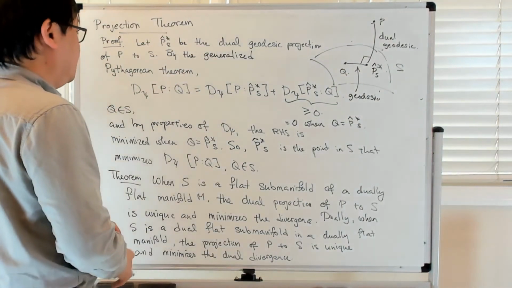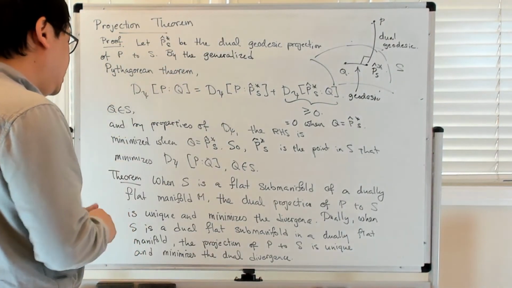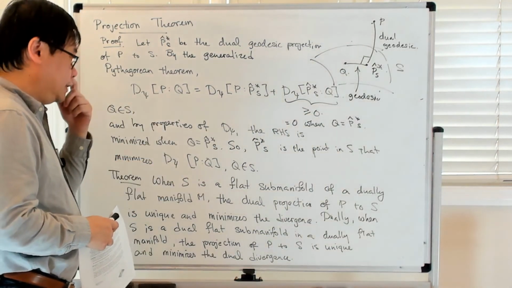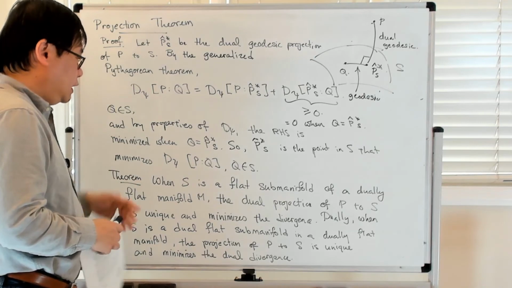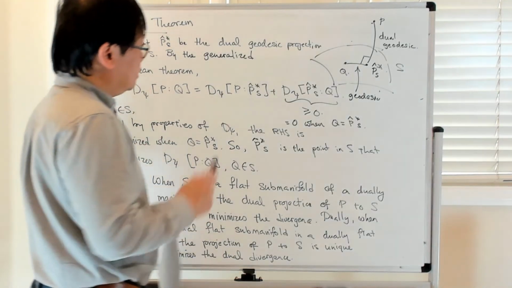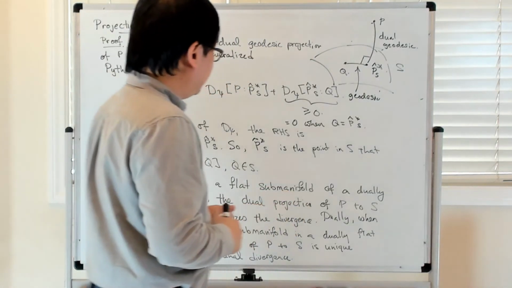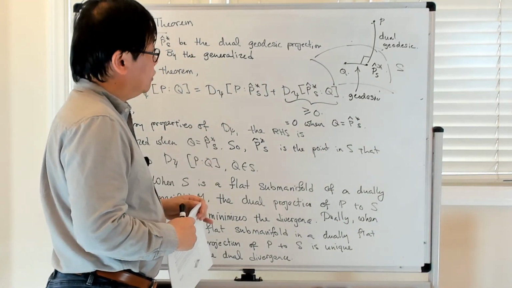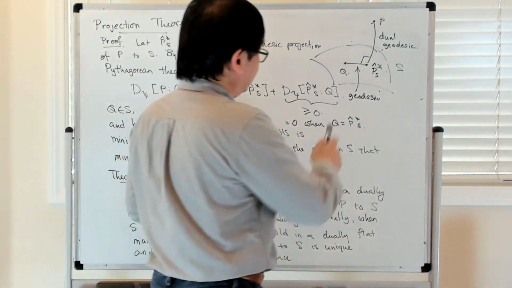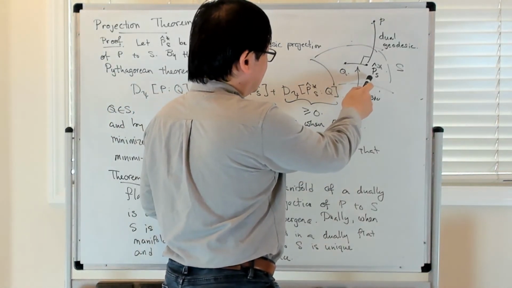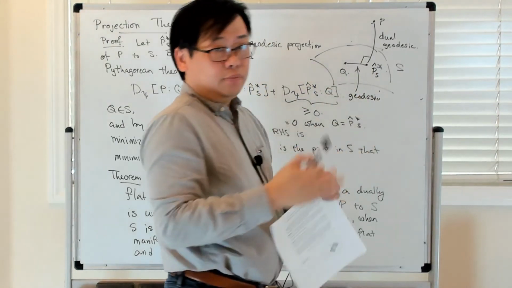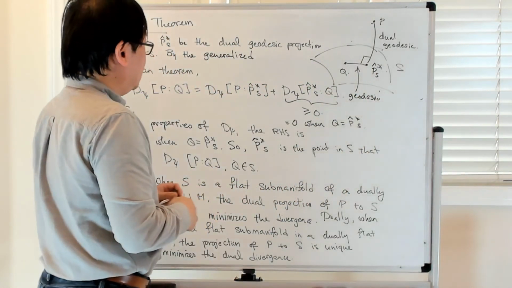All right. I think the main technical reason why you need this additional structure, about it being a flat submanifold, is the following, right? The argument here is fine, but it still relies on one critical assumption, which is that there's a geodesic connecting P hat star S to Q, where Q is any possible point on S, right?